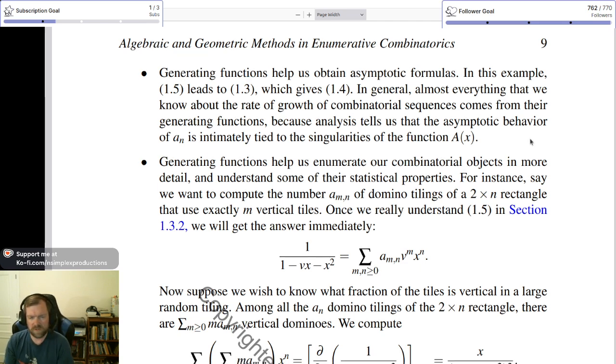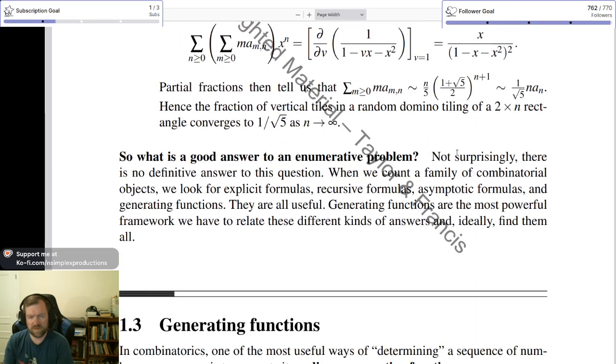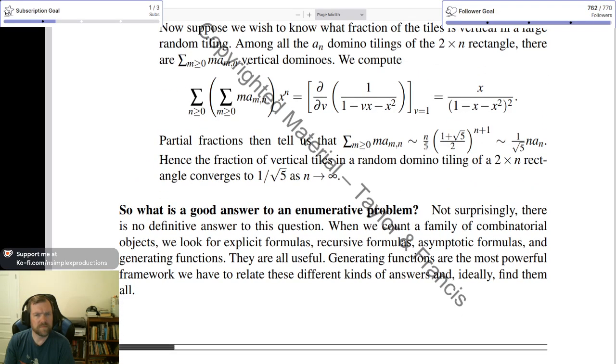We compute the sum as n goes from 0 of the sum as m goes from 0 of m times a_(m,n) times x to the n.